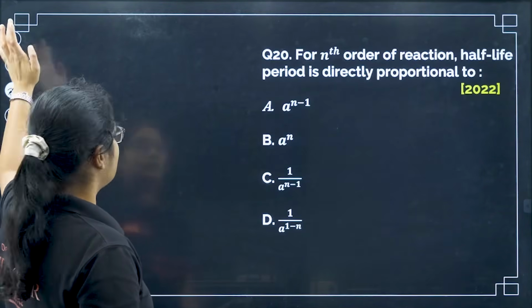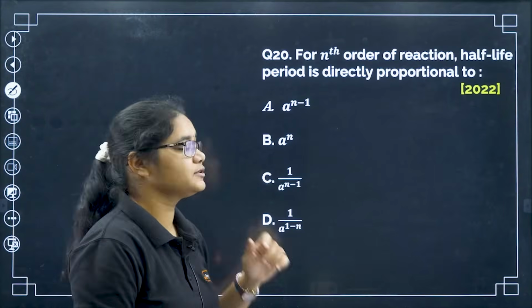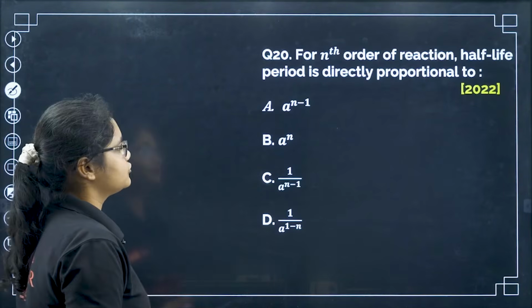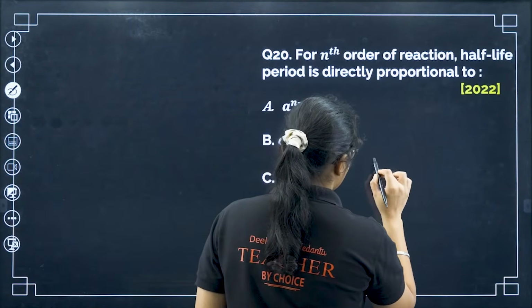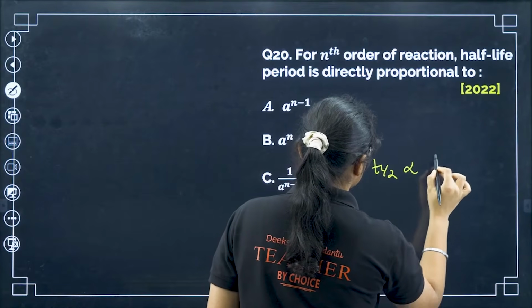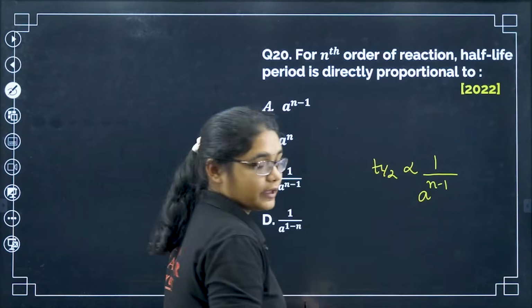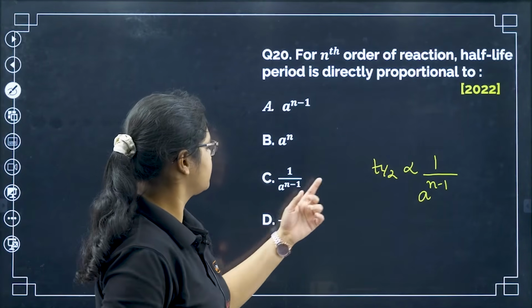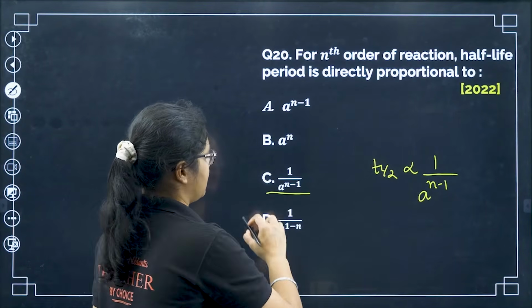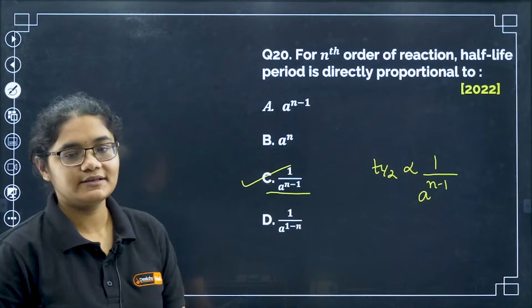Now question number 20: for an nth order reaction the half-life is directly proportional to what? Half-life is proportional to 1 by a to the power of n minus 1. That is option number C here.